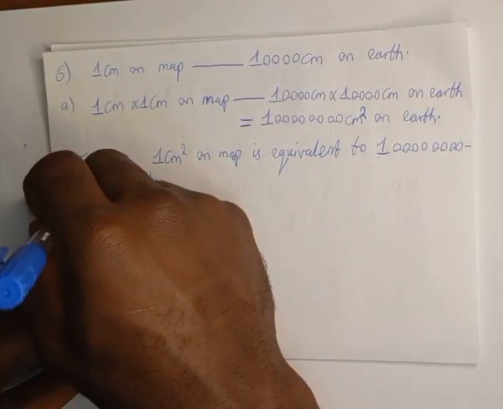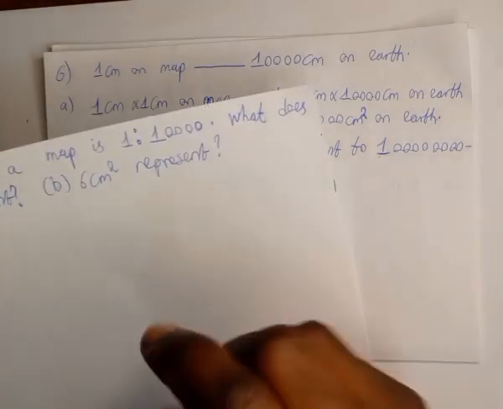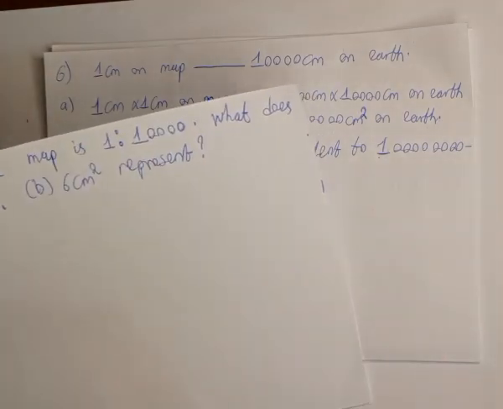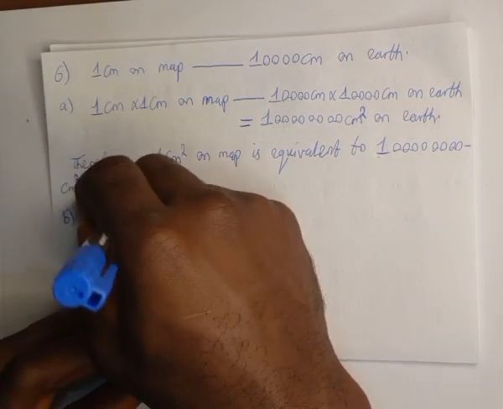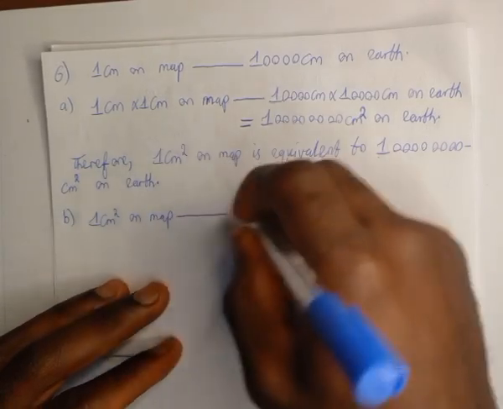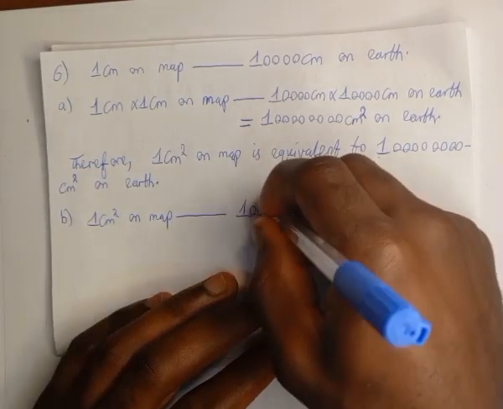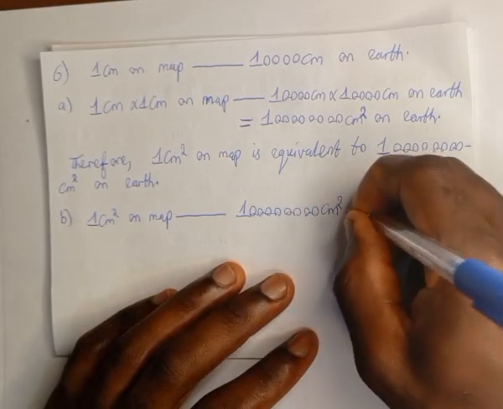We go now to question B. Question B is asking us what area 6 centimeters squared represents. 1 centimeter squared on map is equivalent to 100 million centimeters squared on Earth.